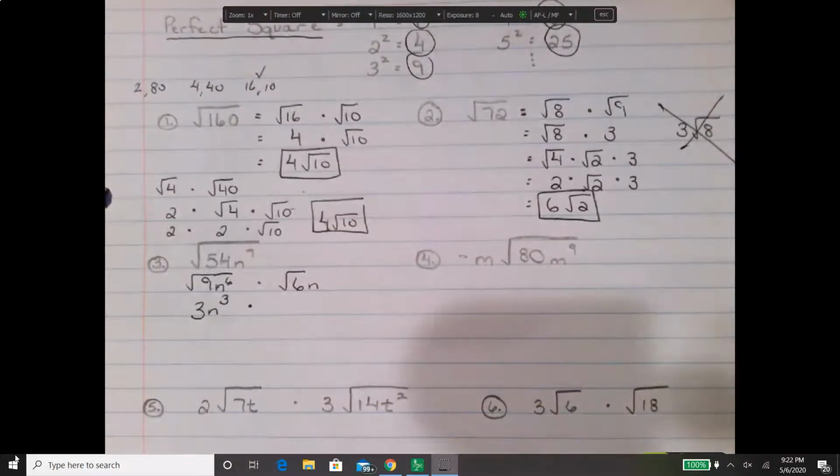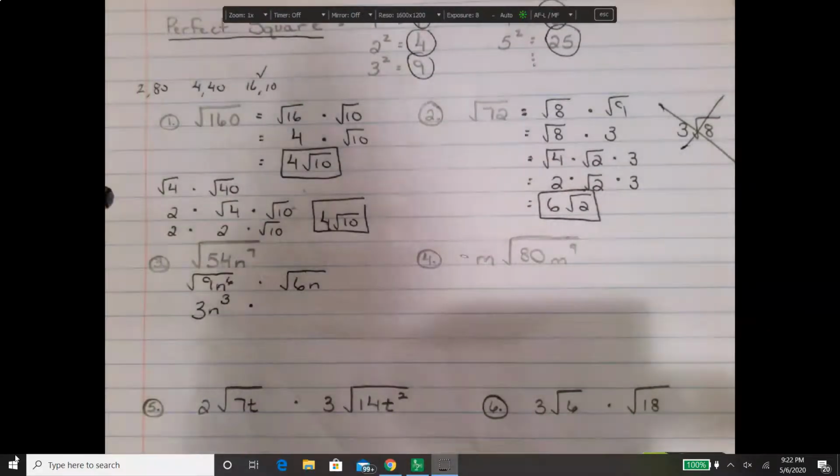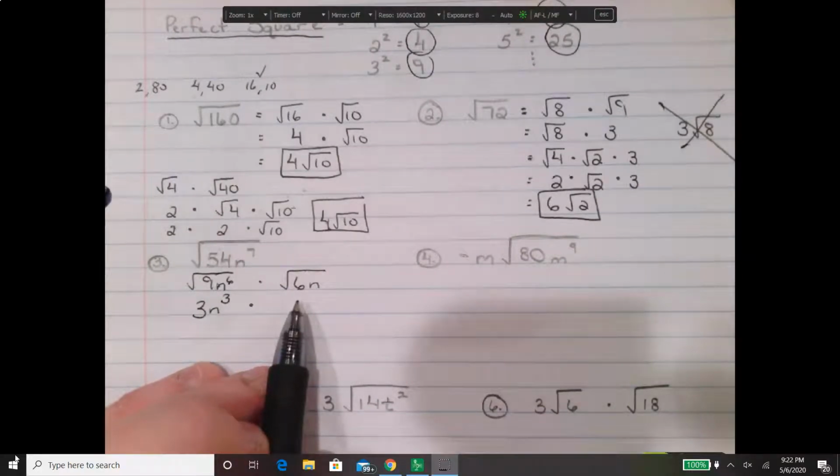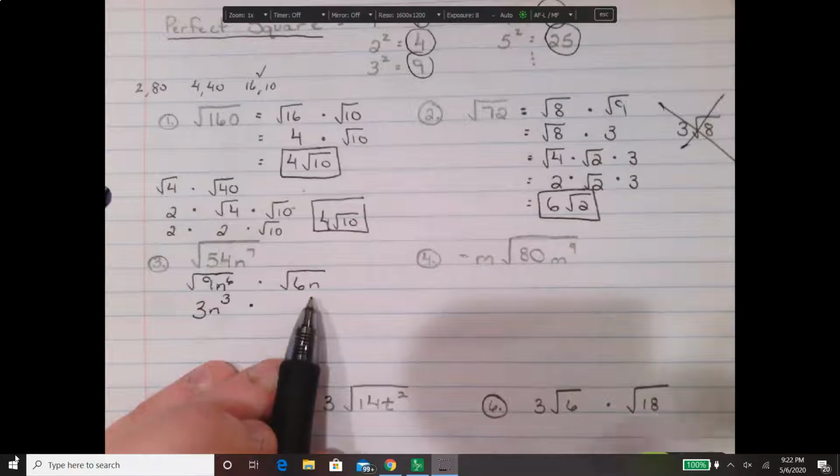Now let's focus on our 6 times n. We really can't do a whole lot with 6 times n. If I break 6 apart, the only way I can break it apart is into 3 and 2. Neither one of those are perfect squares. n does not have any other exponent, it's just n to the 1st.